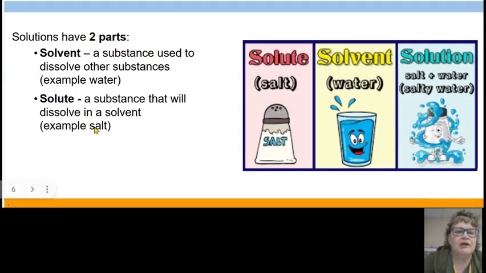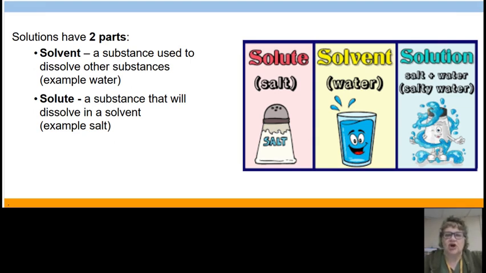Okay. And then the solute is the substance that will dissolve in the solvent. Okay. So it's usually a solid material, but it doesn't have to be. For example, in air, nitrogen is added to oxygen, right?